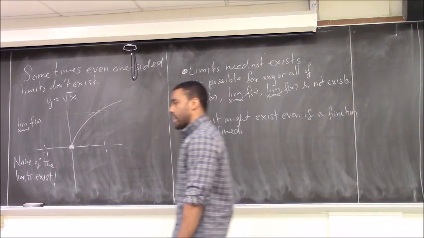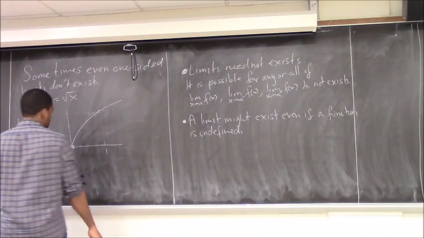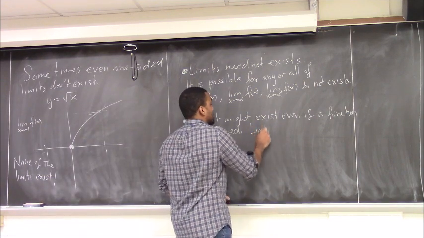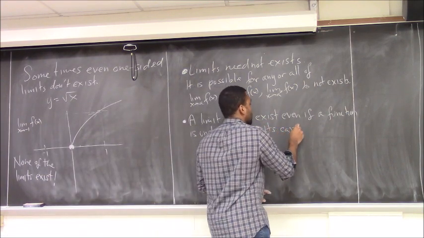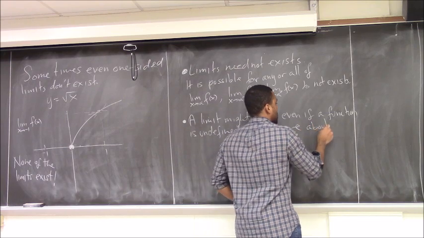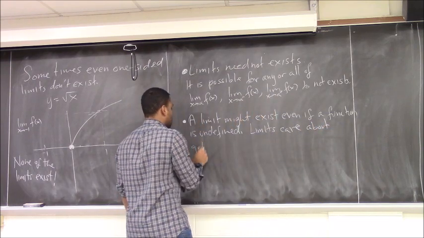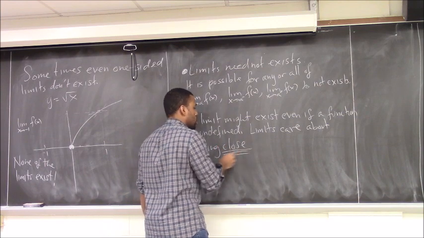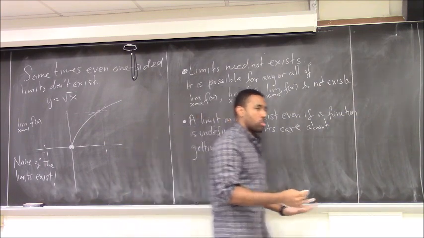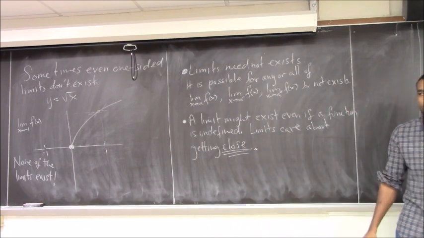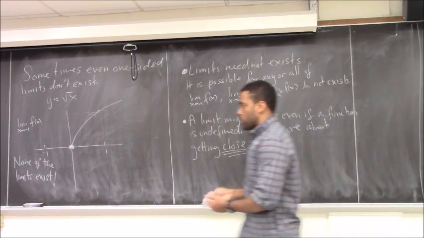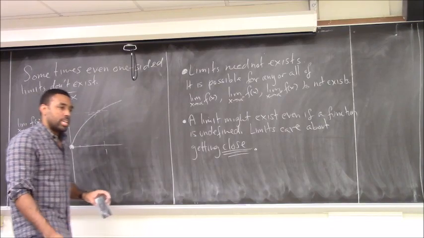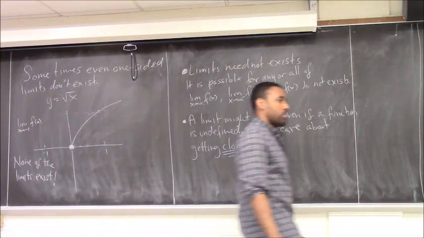It was not defined at x equals 1, but the limit existed at x equals 1. And the takeaway from that is limits care about getting close, right? You don't actually have to be at the point where something bad happens, like division by 0. You want to see what the y value is doing when you get close to such a point. So those are two main takeaways that you should take away so far.